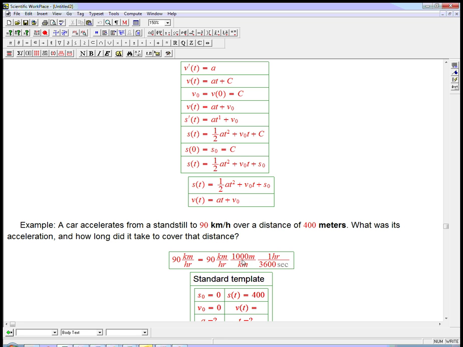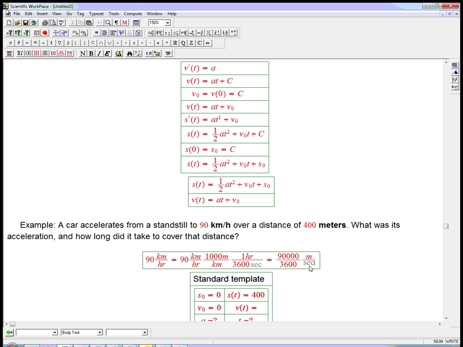We've multiplied it by 1, multiplied it by 1 again. The kilometers will cancel, the hours will cancel, and you get 90,000 divided by 3,600 meters per second.